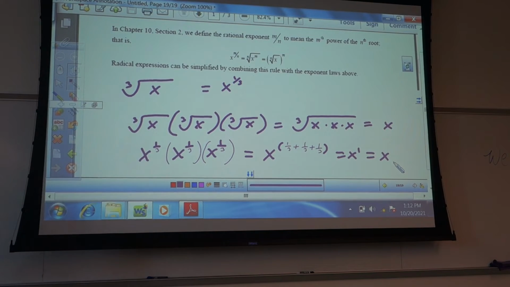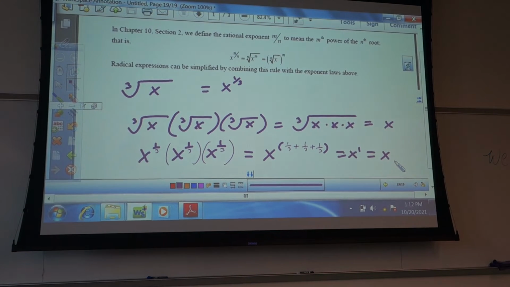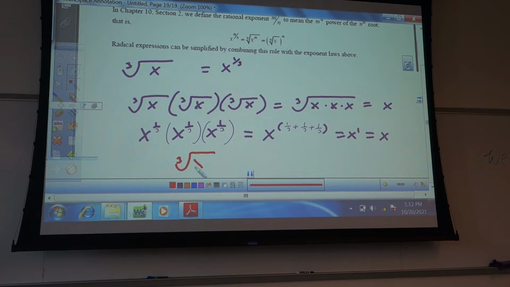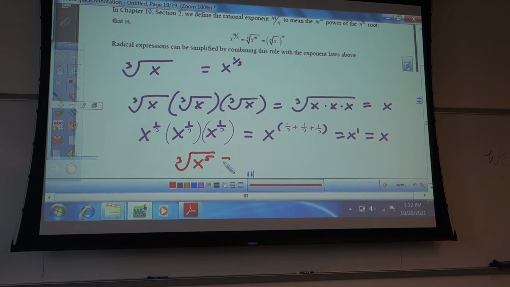So for example, if I had this, I'd write this as x to the bottom part is a 3. The top part would be the 5. Likewise, if I went the other way around, what would that be?